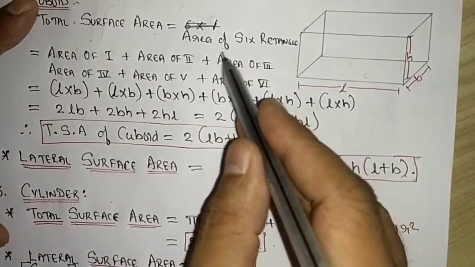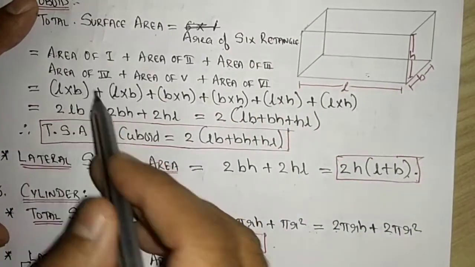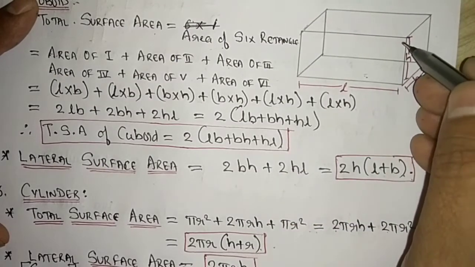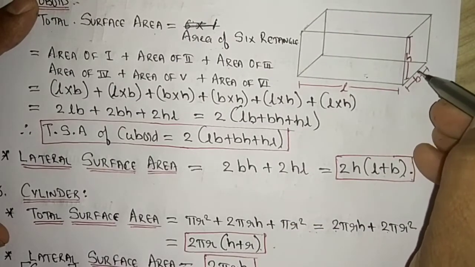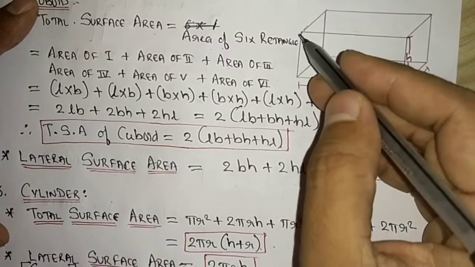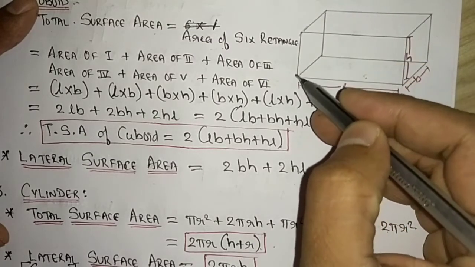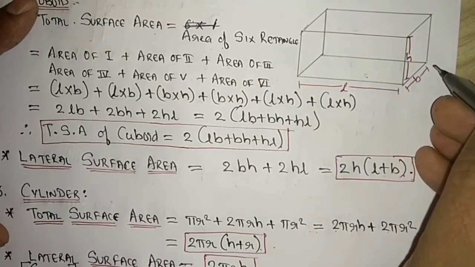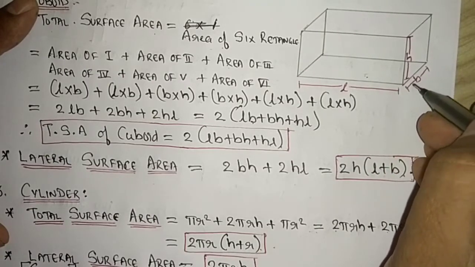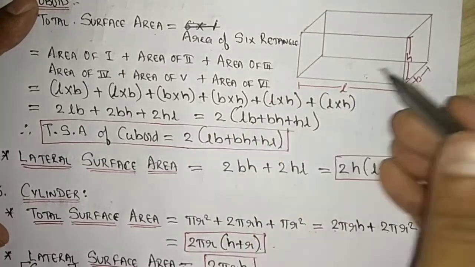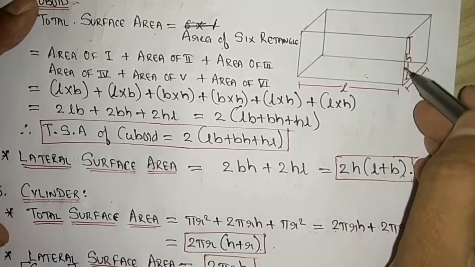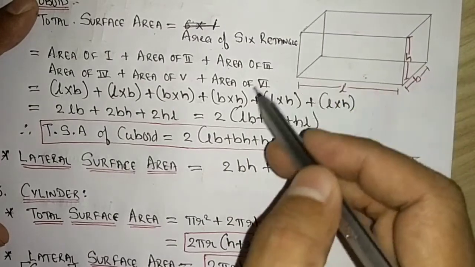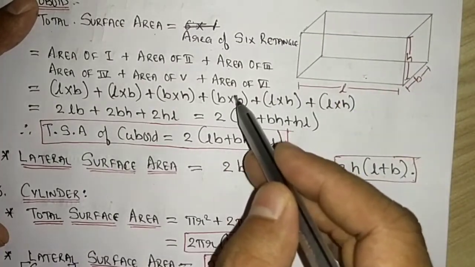Now the areas of the third and fourth will be the same. Area of rectangle is length into breadth. The length of this rectangle is B and the breadth is H. So I wrote B into H. In the same way, the other rectangle will also have B into H.